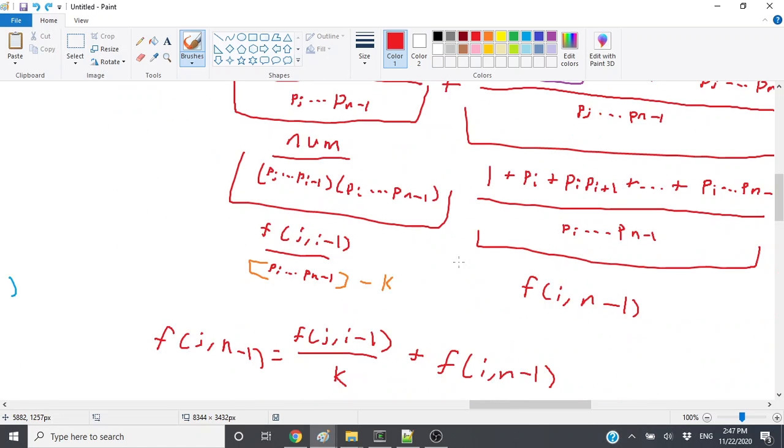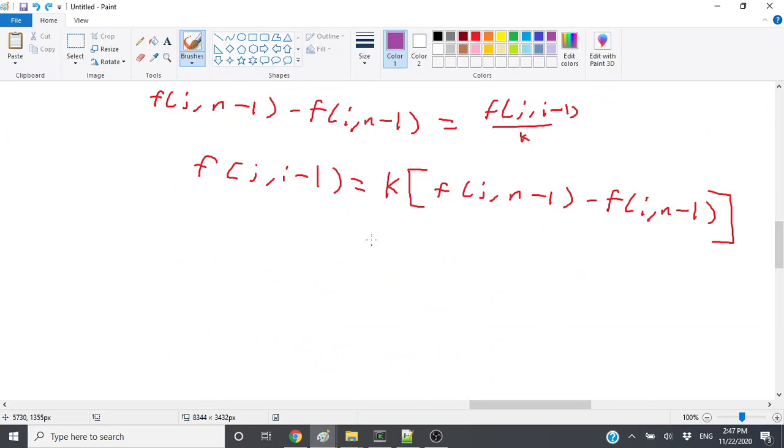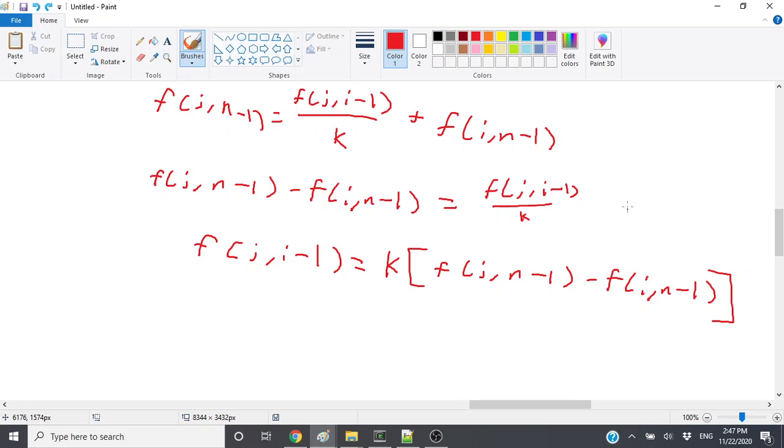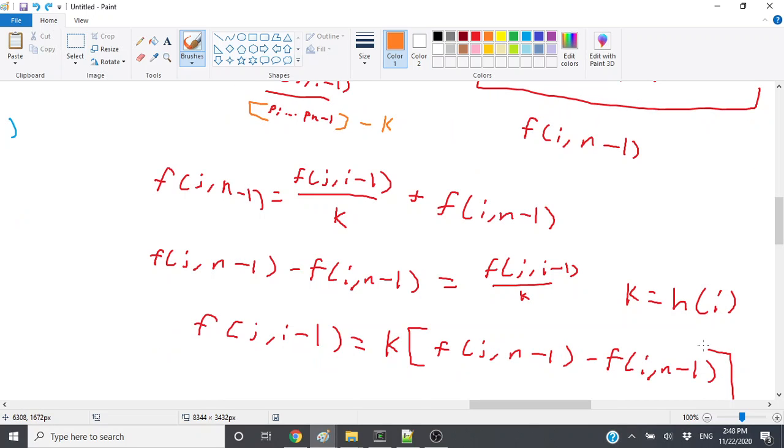And this k is simply some constant that only depends on i, the product of pi to pm minus 1. So now we can represent k as some function h of i, which is to say, it's just the product of the suffix of i, the probabilities. But it's some function that only depends on i.